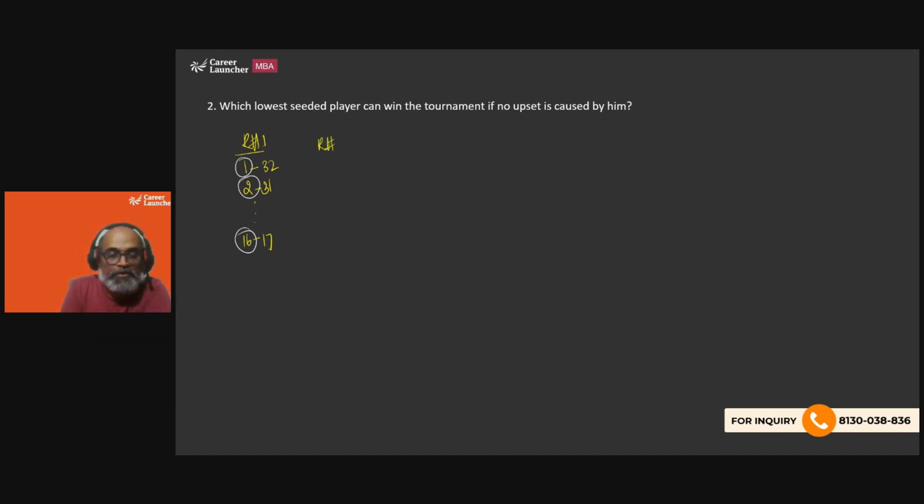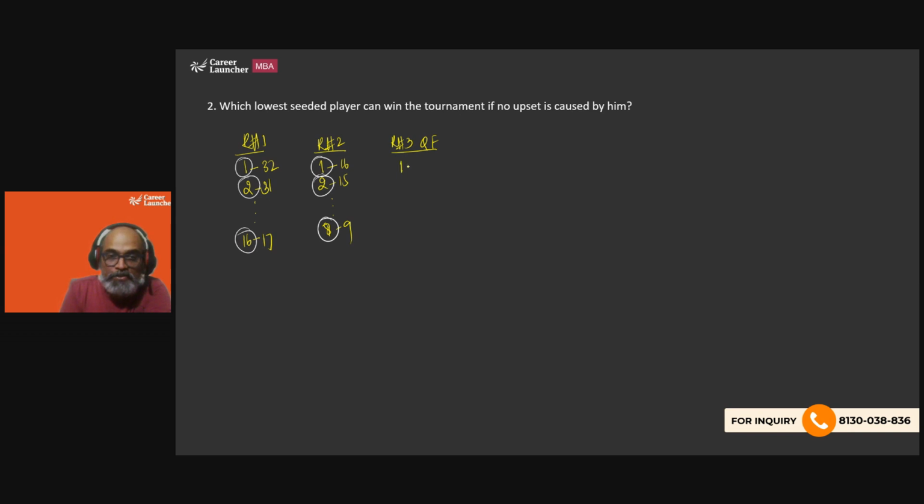Now in round number 2, it's going to be 1 versus 16, 2 versus 15, and the last one is half of 16, which is 8 versus 9. Since we do not need an upset, 1, 2, up to 8 will all continue until round number 3, which is quarterfinals.